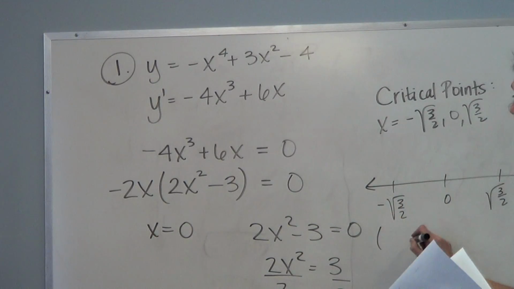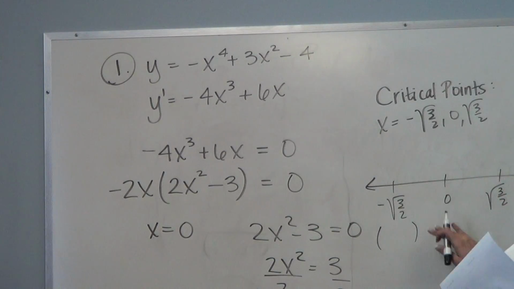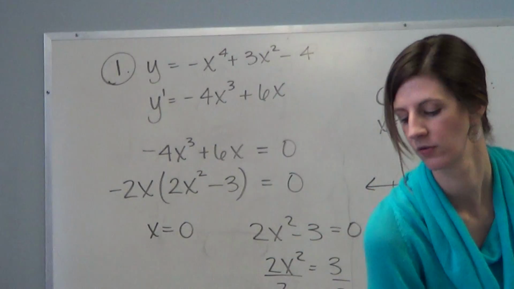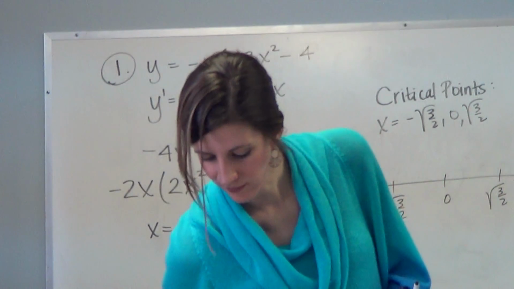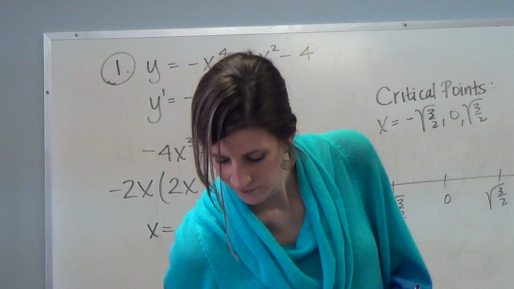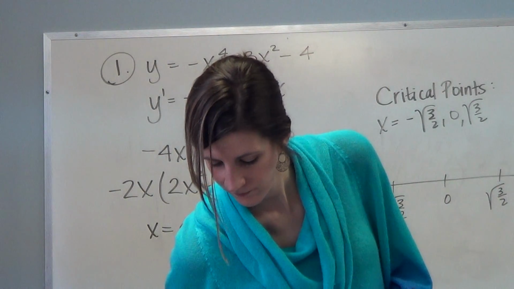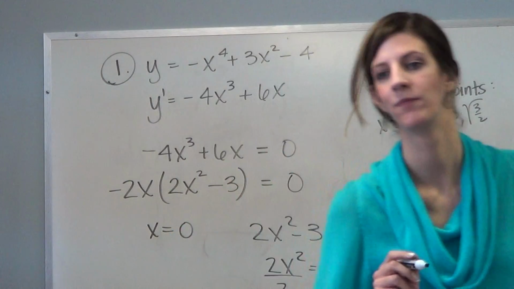So let's get a decimal estimate for negative square root 3 over 2. 1.22.